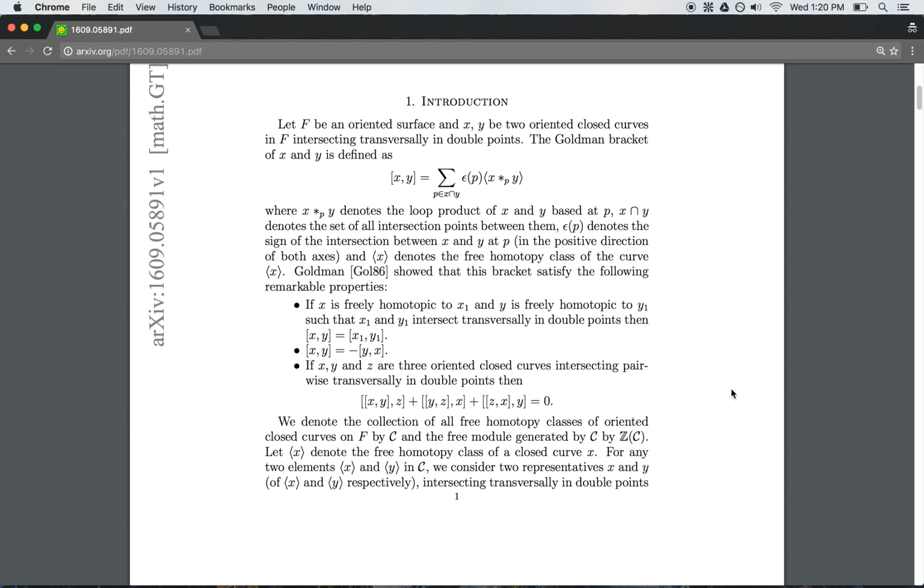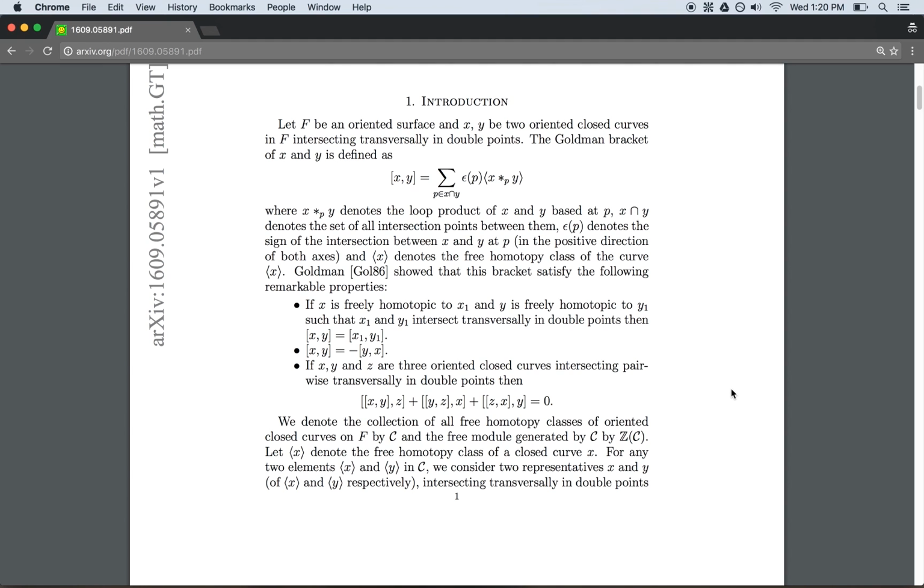If x is freely homotopic to x sub 1 and y is freely homotopic to y sub 1, such that x sub 1 and y sub 1 intersect transversely in double points, then the Goldman bracket [x, y] equals the Goldman bracket [x sub 1, y sub 1]. The Goldman bracket [x, y] is equal to negative [y, x].